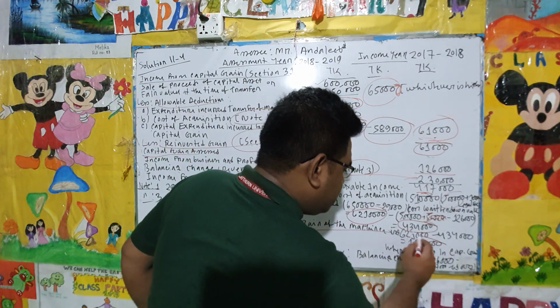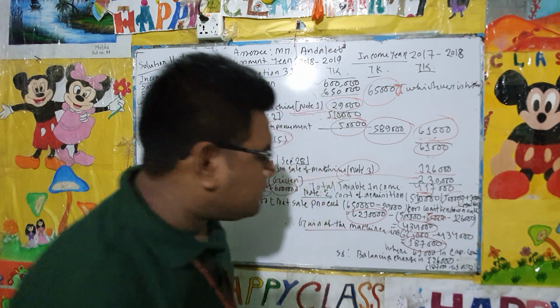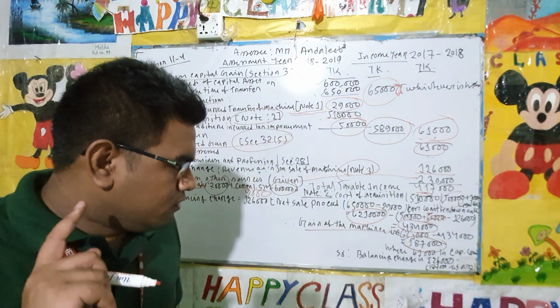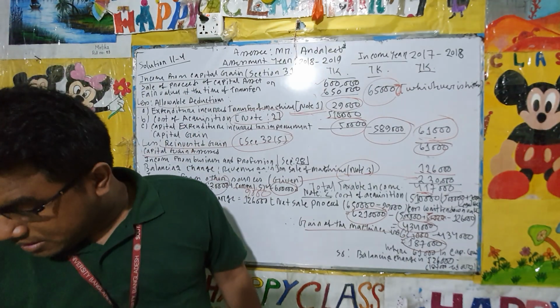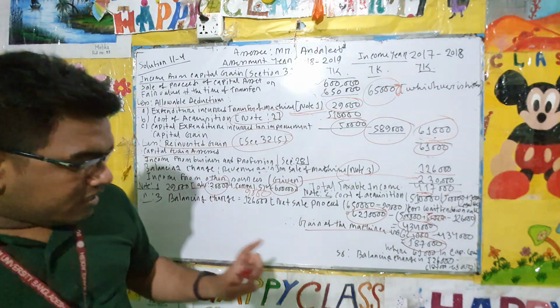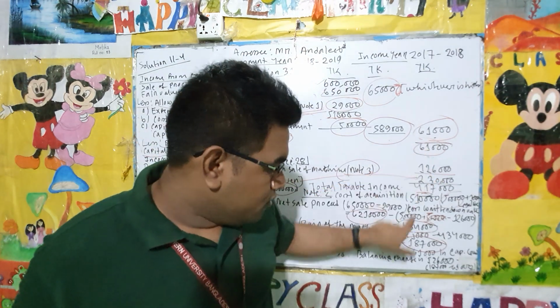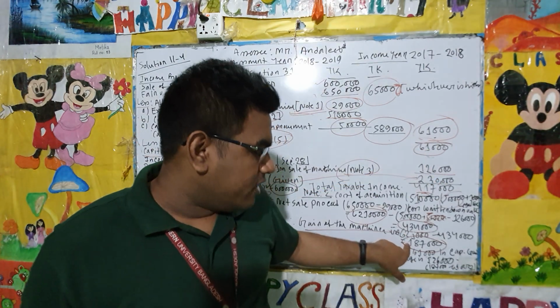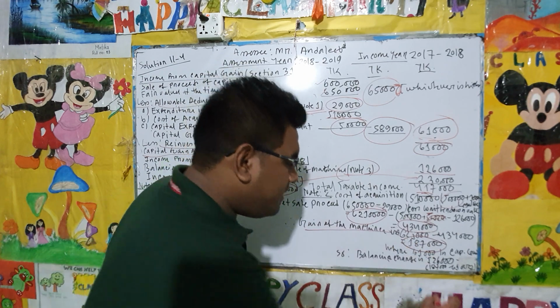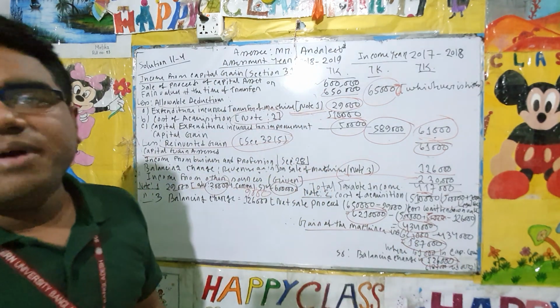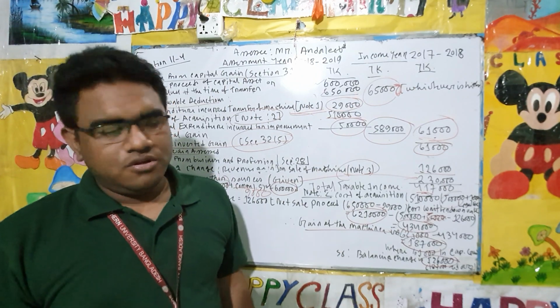It gives us 1,87,000. And if we deduct 61,000, which was the capital gain, from this ultimate value of 1,87,000, we will again get 1,26,000 as a balancing charge.